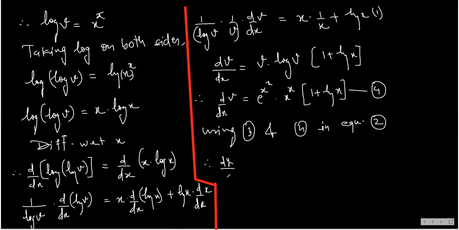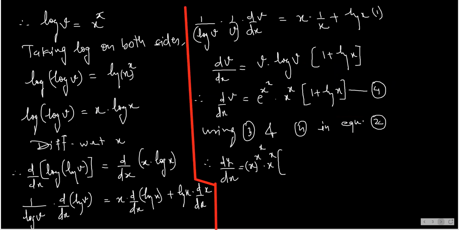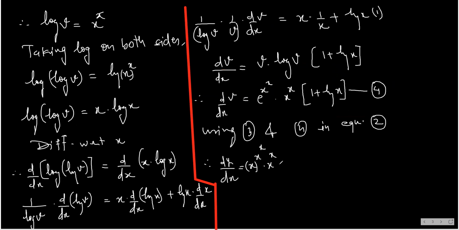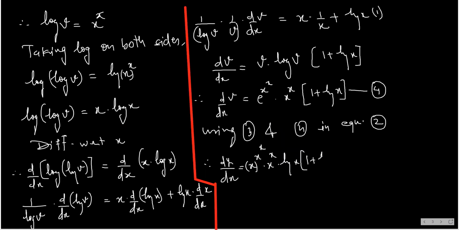Therefore, you get dy by dx equals x raised to x into x raised to x upon, into x raised to x into log x, and inside the bracket you have 1 plus log x, plus 1 upon x log x, and then dv by dx.